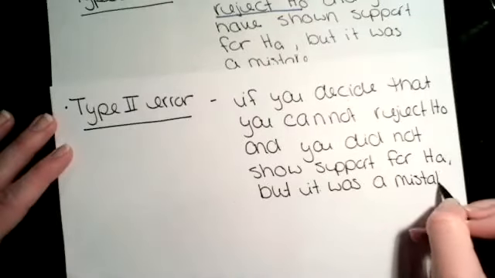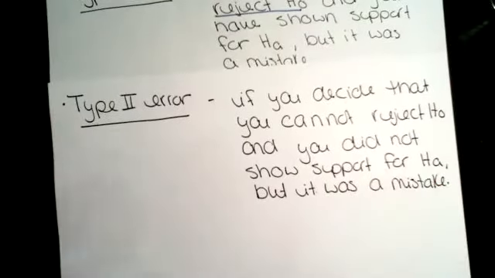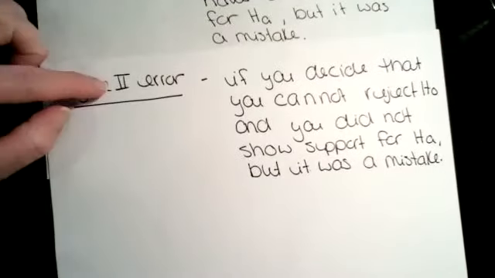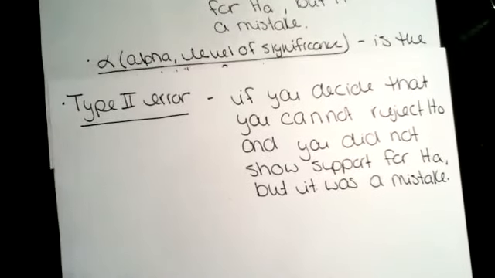So meaning that you did not reject the null, right? We kept the null the same. We kept the center at the null, but we should not have. Again, we won't know if this is true or not. We won't know if we actually have this error. We just know that it's a possibility to have that error.